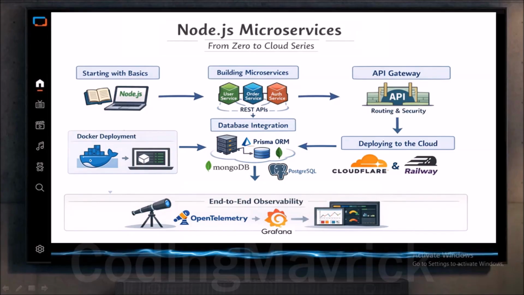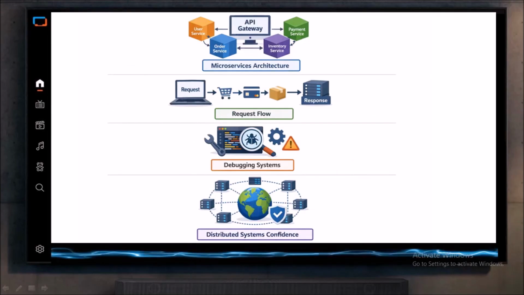connected services securely on cloud platforms like Cloudflare and Railway, and finally achieved full end-to-end observability using OpenTelemetry and Grafana. Understand how microservices work, how they behave in a production environment, how requests flow across services, and how to debug real-world distributed systems with confidence.